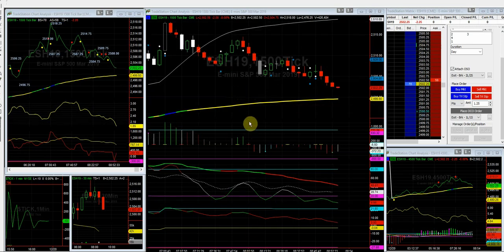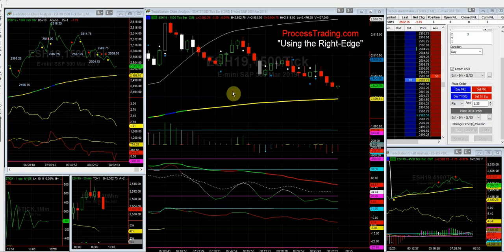Now we're going to use the processtrading.com indicators, and to accomplish our high frequency trading, we're going to introduce a new configuration of one of the indicators.